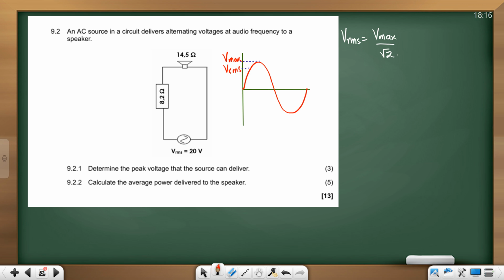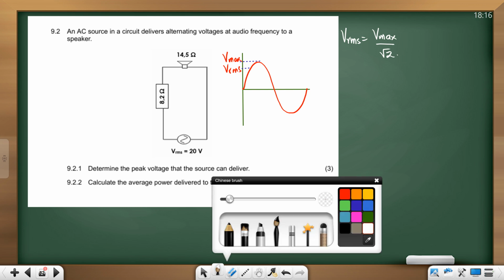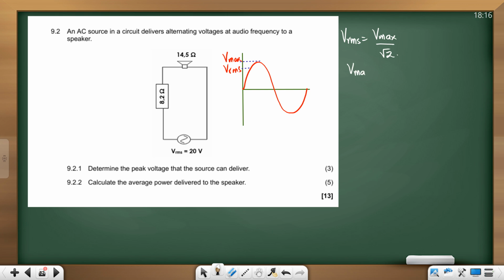That's why your VRMS will be lower than your Vmax, because maximum talks about the highest, the peak, but it will produce the same power. What is my VRMS? So can we say Vmax is 20 root 2? What's your answer?